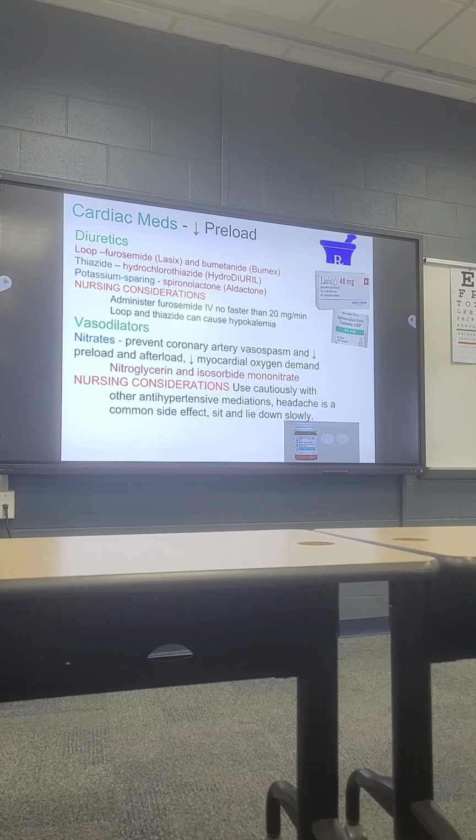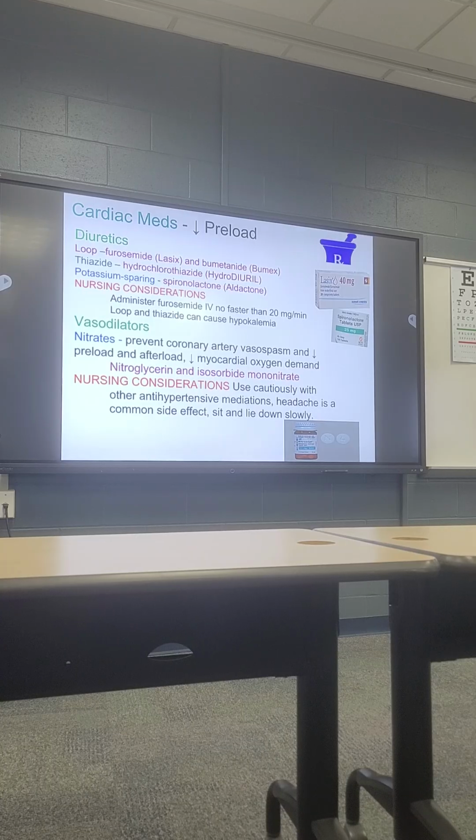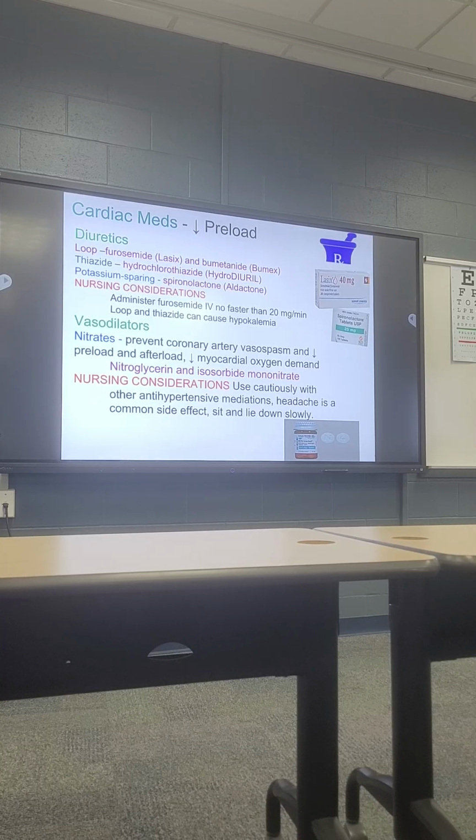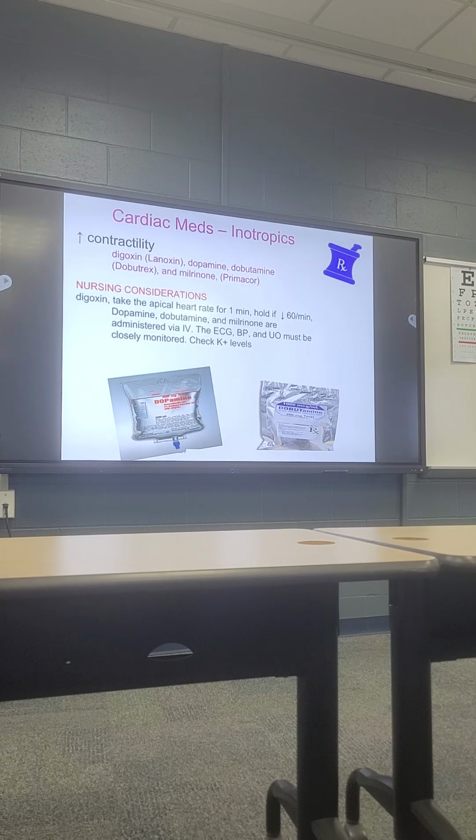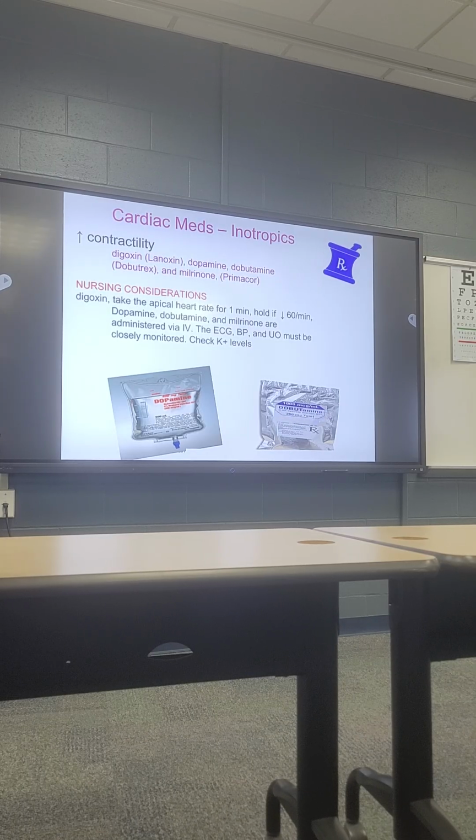Vasodilators, your nitrates. We've already talked about those. Use cautiously because there's a massive vasodilator effect. Increasing contractility, that's your digoxin, dobutamine, dopamine. Digoxin, like I said, you want to listen to the apical heart rate for 1 minute, and hold if the heart rate's under 60.